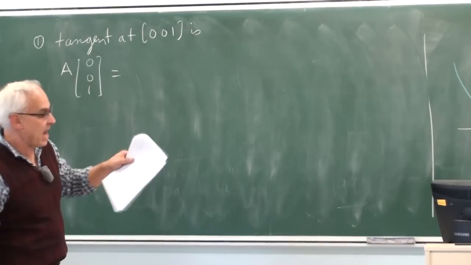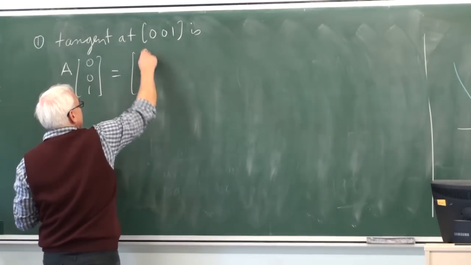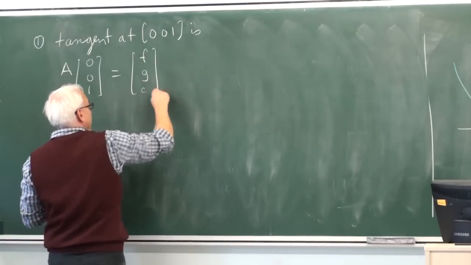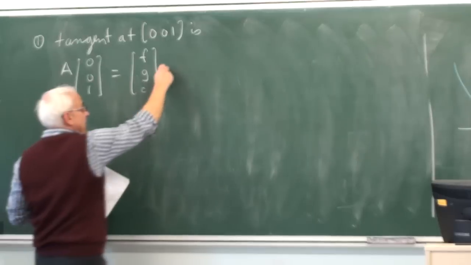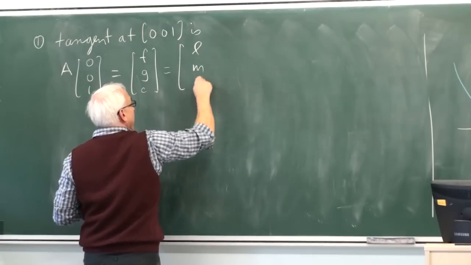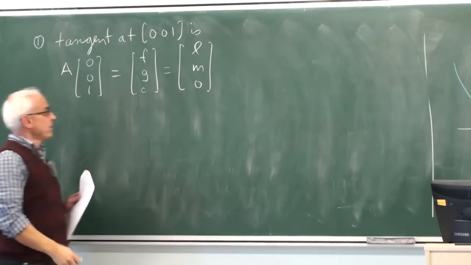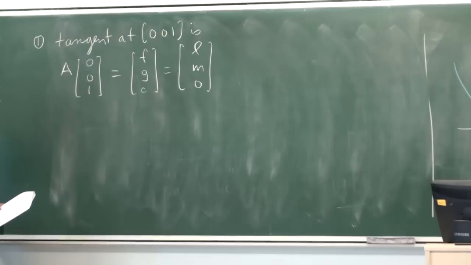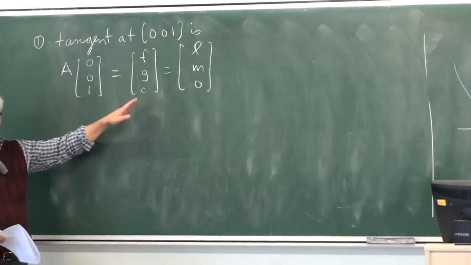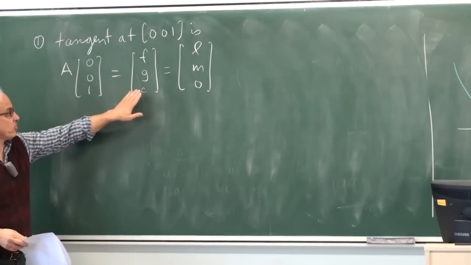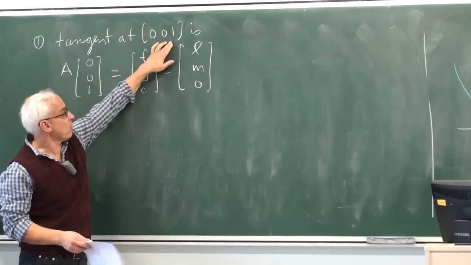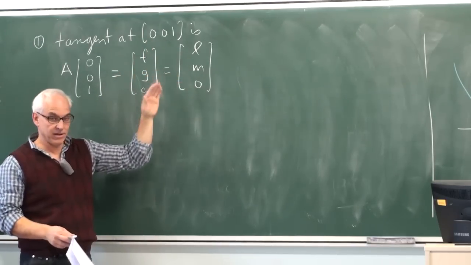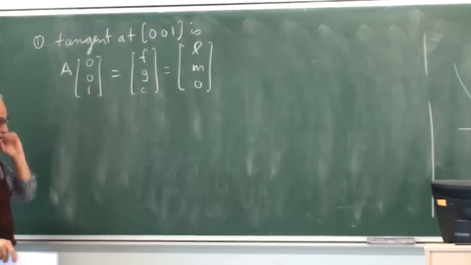We're going to pick up the last column, which is F, G, and C. And what we are told is that that should be the line (L, M, 0). So that's the projective condition on the matrix to ensure that its tangent line at this point (0, 0, 1) is indeed the line Lx plus My equals 0.